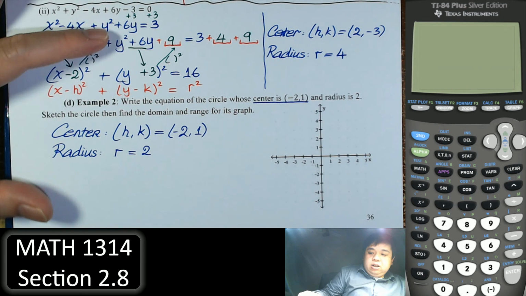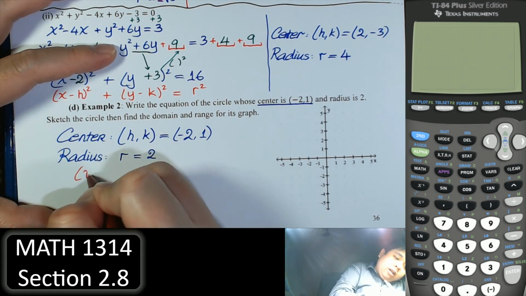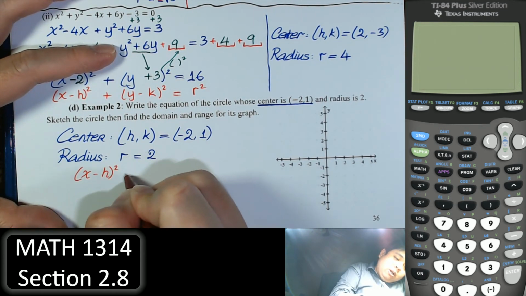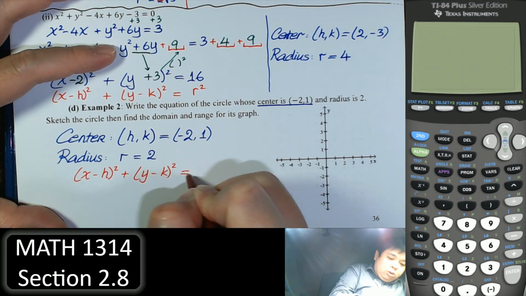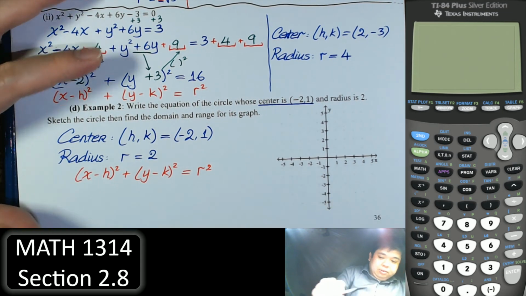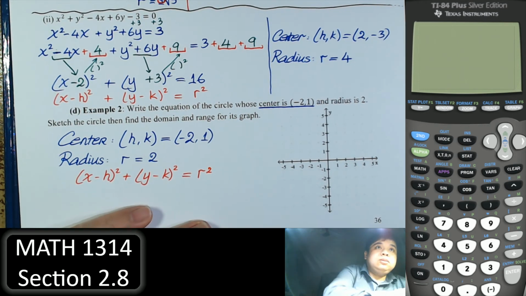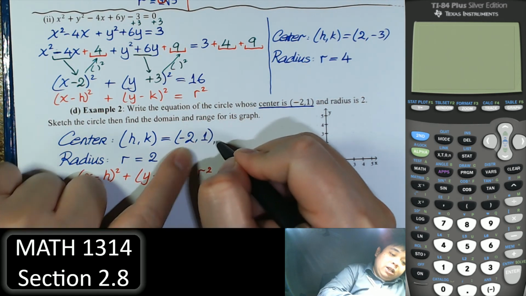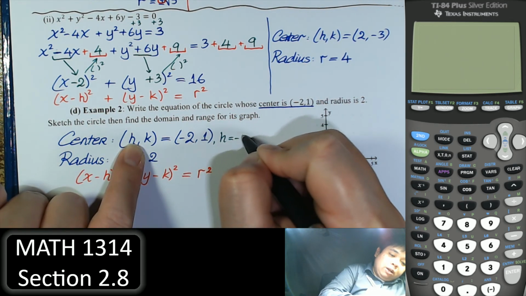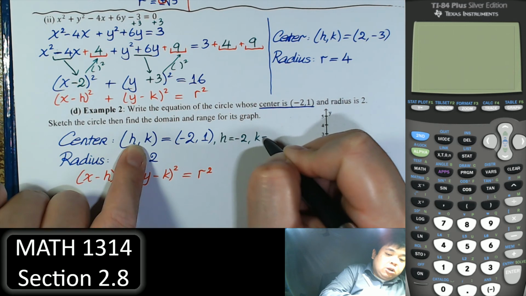The equation of a circle is (x minus h) squared plus (y minus k) squared equal to r squared. From here, h is equal to negative 2 and k is equal to 1.